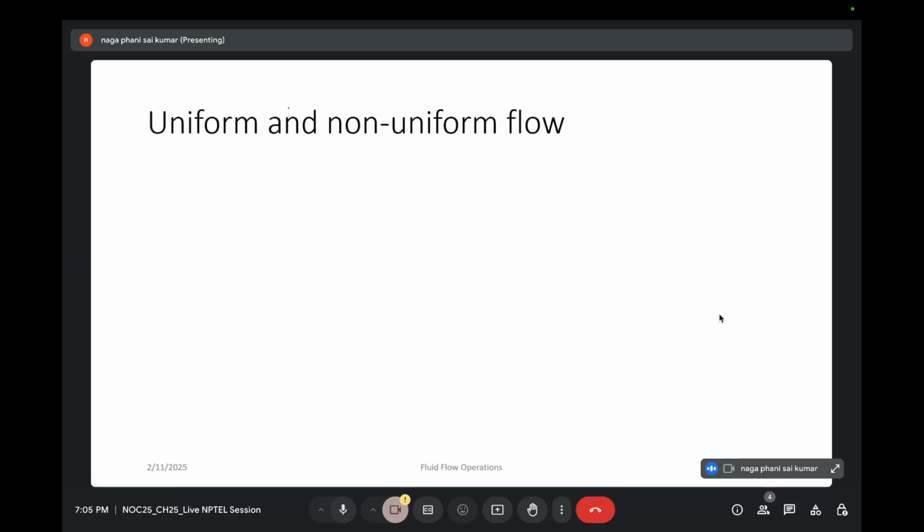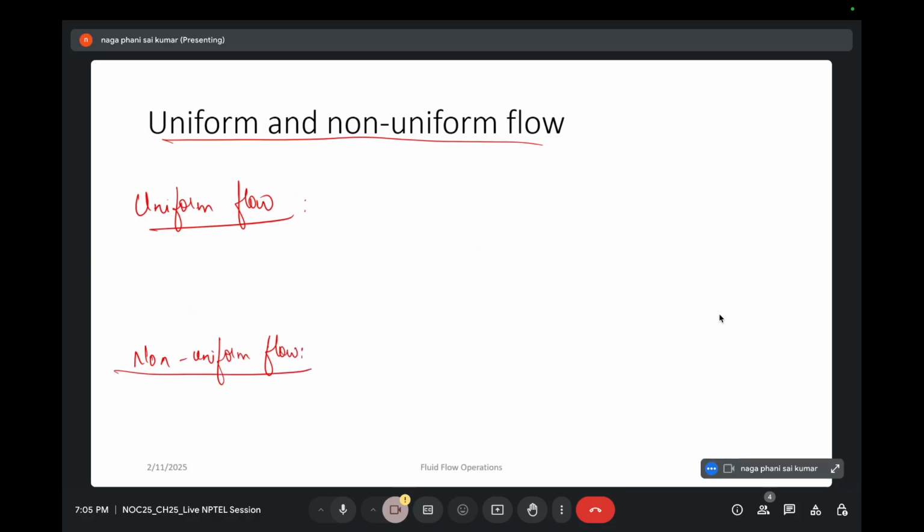Then coming to uniform and non-uniform flow. First let's understand uniform flow, and non-uniform will be exactly opposite to that. So again, what is uniform?